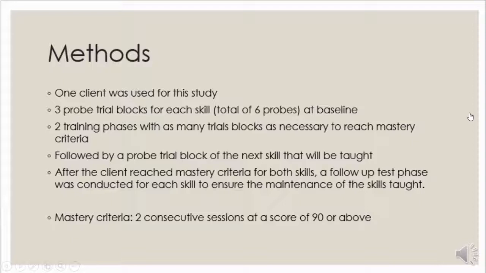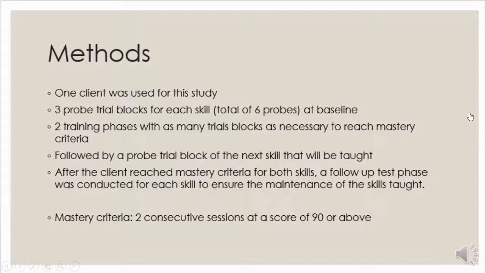Following baseline, there were 2 training phases with as many trial blocks as were necessary to reach mastery criteria. The first training phase included the intraverbal functions, and after mastery criteria was reached, there was a test probe that followed for the tacting emotions. Following the test probe, the second training phase was implemented for the direct training of tacting emotions.